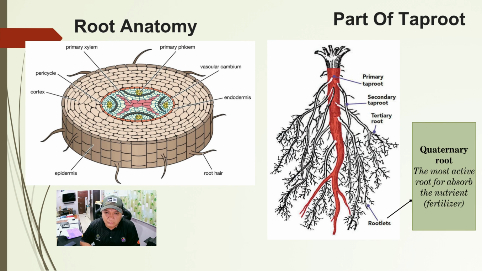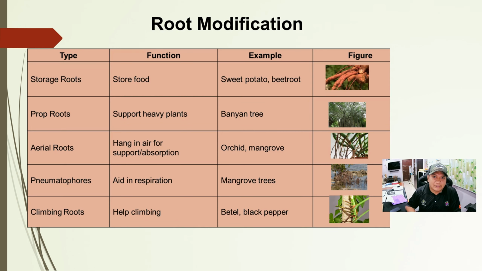So the other name of quaternary root is rootlets. So for your information, the most active root for absorb the nutrient or absorb fertilizer is at the part of quaternary root. Okay, lastly for the root, we have root modification. So we have root for storage root, function is store food.